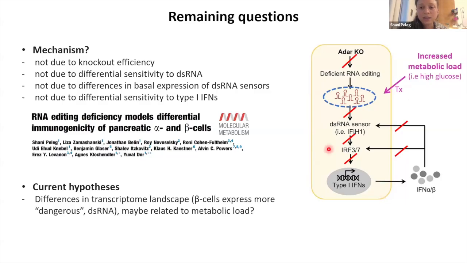And we think that by increasing the metabolic load, we are in effect changing the transcriptional landscape of beta cells, and we might be inducing the transcription of more dangerous double-stranded RNAs. Again, either more in quantity or simply specific double-stranded RNAs that are more immunogenic. So our hypothesis is that if we increase the metabolic load of alpha cells, we might be able to trigger an augmented interferon response that maybe resembles the one that we see in mutant beta cells.